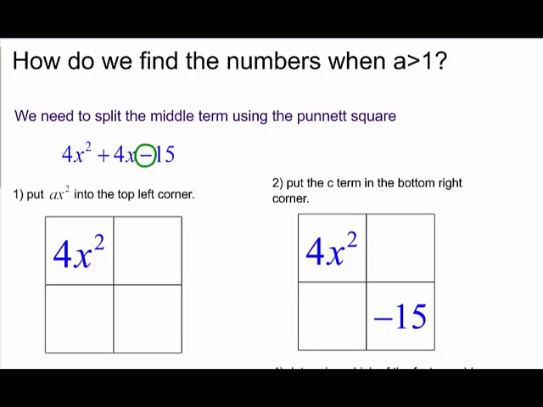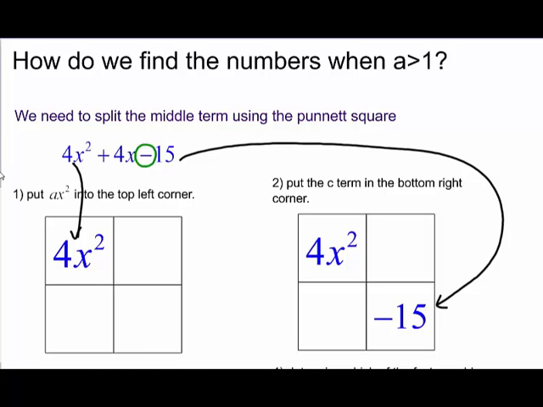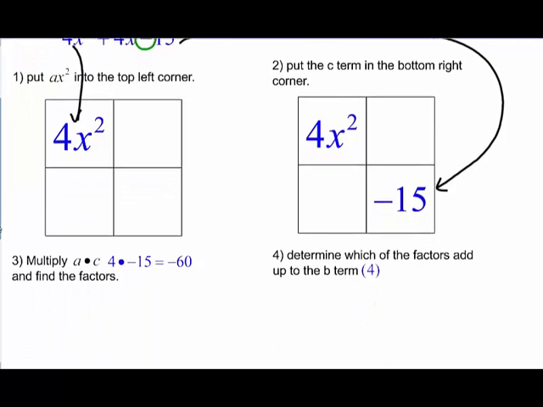First thing you're going to do when you draw your box is you're going to put your ax squared value in the top left corner. So this 4x squared is going to get moved right there. The second thing you're going to do is take that c value, so this negative 15, make sure the negative goes with it, and it will go into the bottom right. Now we have to figure out the factors.